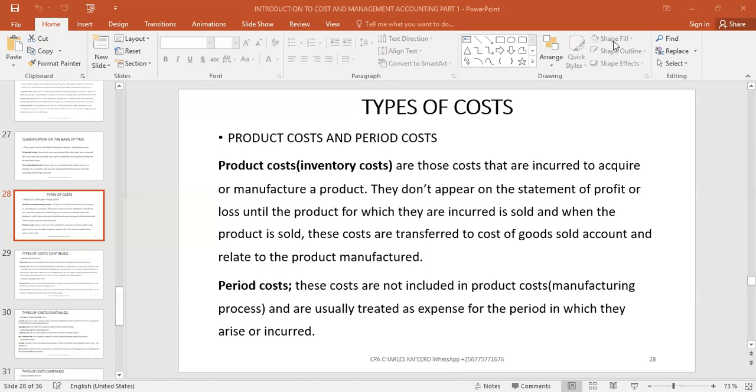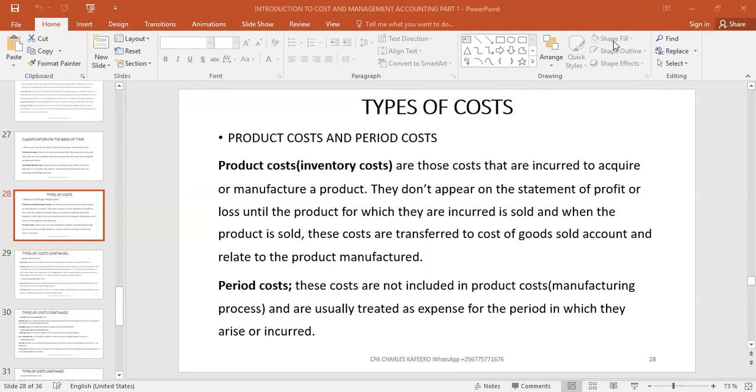These periodic costs are the non-production costs which we consider as our periodic costs. We treat them as periodic costs or operating expenses, and we deduct them from the figure of gross profit to get the net profit.